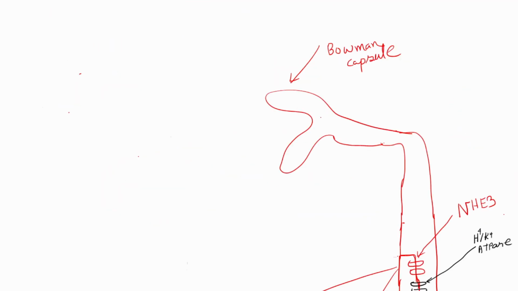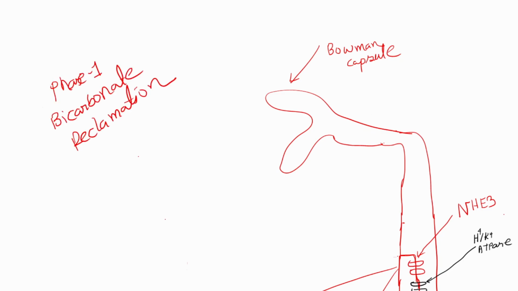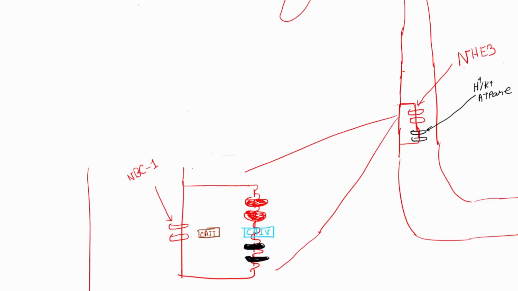All right, now let's break down exactly how the proximal convoluted tubule handles phase 1, or bicarbonate reclamation. Let's trace it out step by step. First, look at the apical membrane. What I have done is I have shown a segment of proximal convoluted tubule and only one cell.